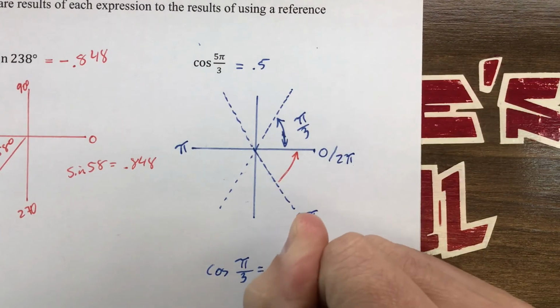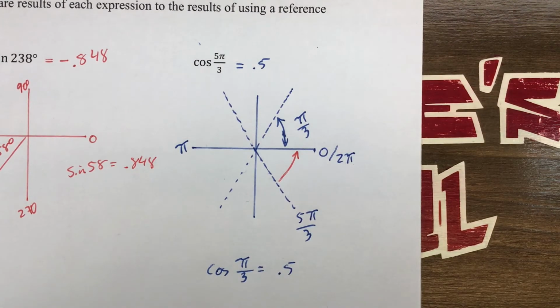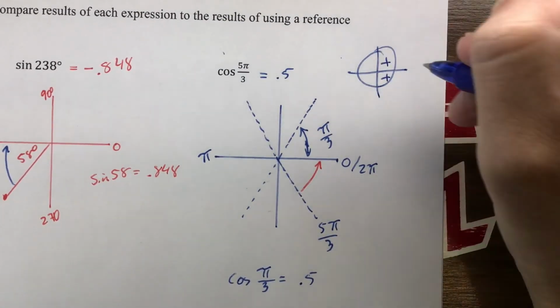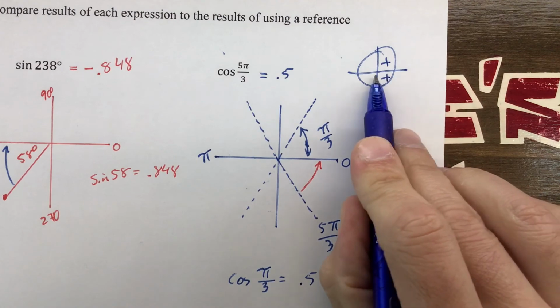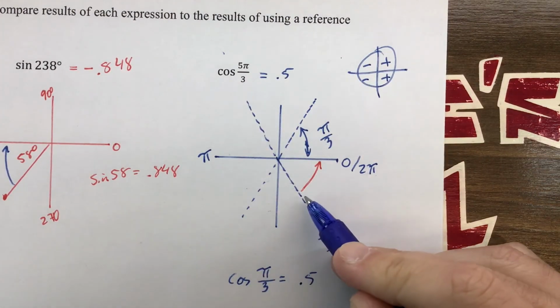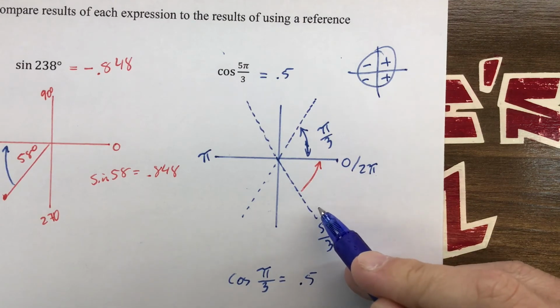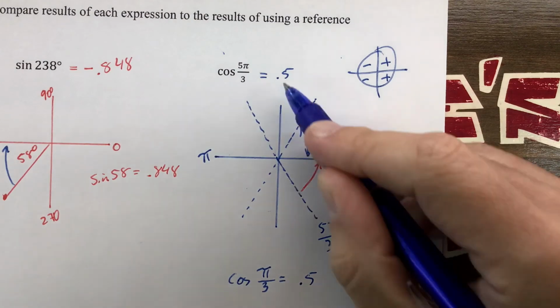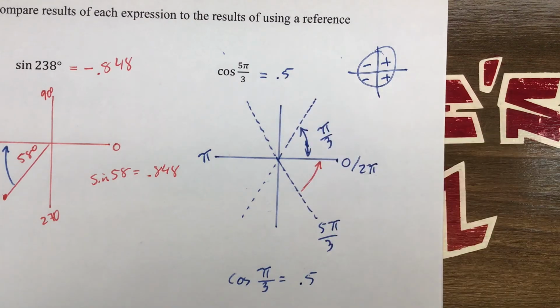It is 0.5, not opposites in this case. Now, why is that? For cosine, you are positive on the right because that is where you have positive x values, and then you're negative on the left. Okay, so if you end up in quadrant 4, the answer that you get by using the reference angle is still going to be the same answer you would have gotten with your original angle.